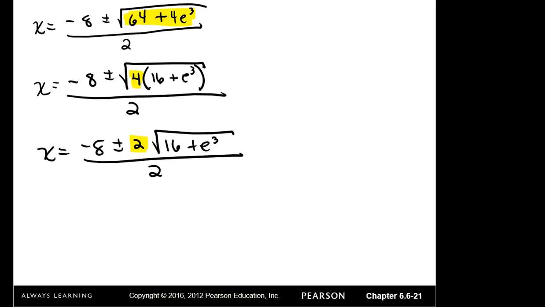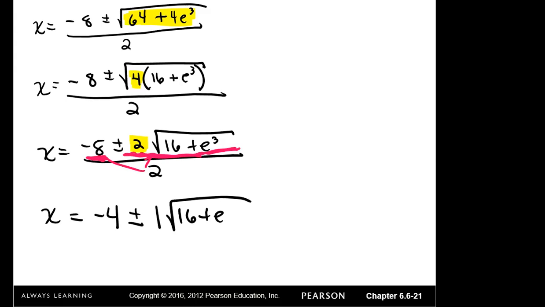Now, once I pull out the 2 from the 4, I can simplify, because I can divide 2 into the first part, and I can also divide 2 into the second part. -8 divided by 2 is -4, plus or minus, and 2 divided by 2 is 1 times the square root of 16 plus e cubed.